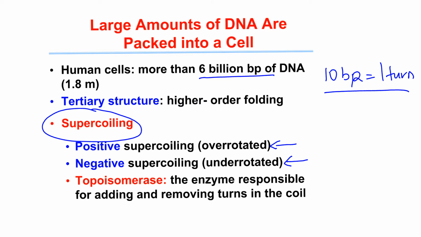There are specific enzymes, topoisomerase 1 and 2, which are responsible for adding and removing turns in DNA. They can cut one strand or both strands depending on which topoisomerase is present, and they can rotate the strands around each other and add or remove rotations.